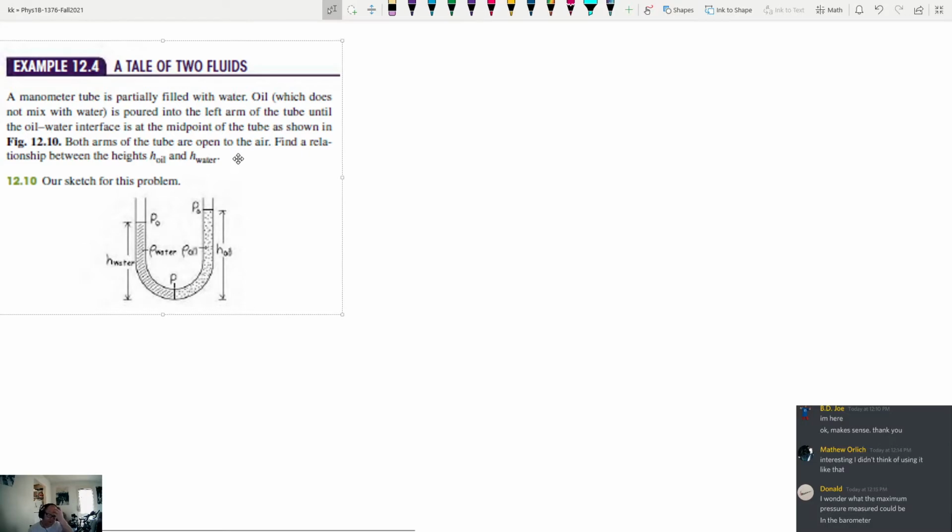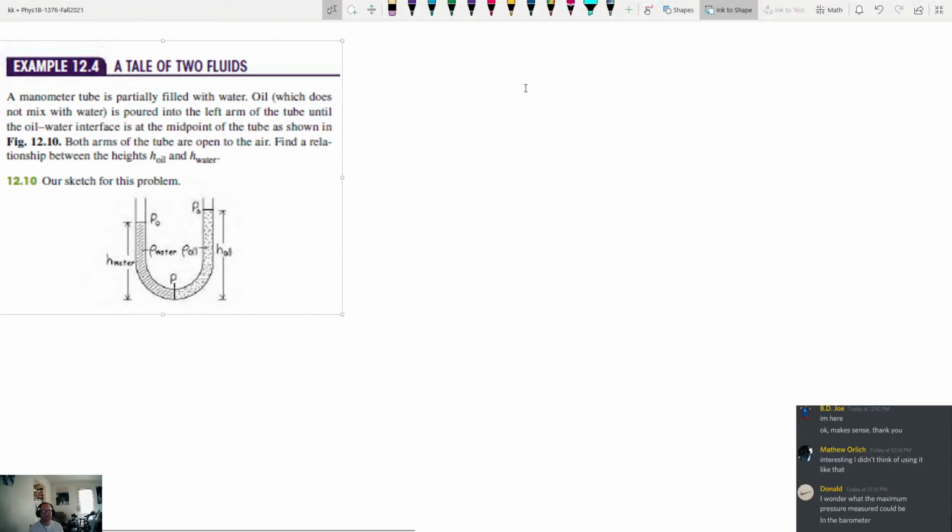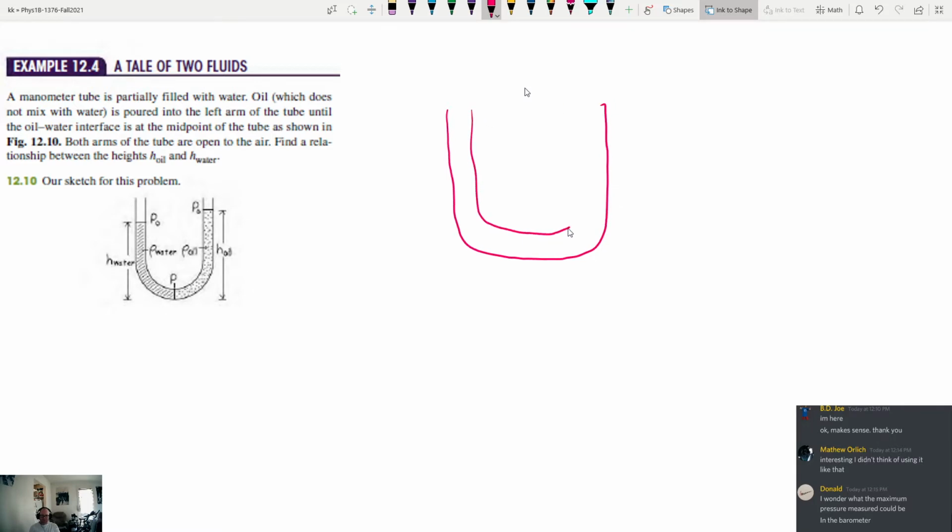All right, coming back to this problem right here. Is there any way I can draw this without it being super nasty? I don't think so, not with one of these things. I guess I can make the line straight, but we'll just try. So we've got a U-tube right here. And in our tube, we have two different fluids. On the right-hand side, we have oil, which we'll make yellow.